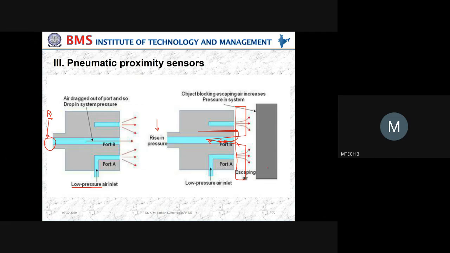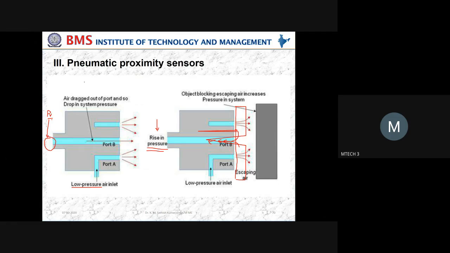Okay, when the object is closer to the sensor, the pressure increases. When the object is away from the sensor, the pressure is going to reduce. Now, the distance is measured in terms of what here? Pressure. Right. The distance is measured in terms of the pressure.